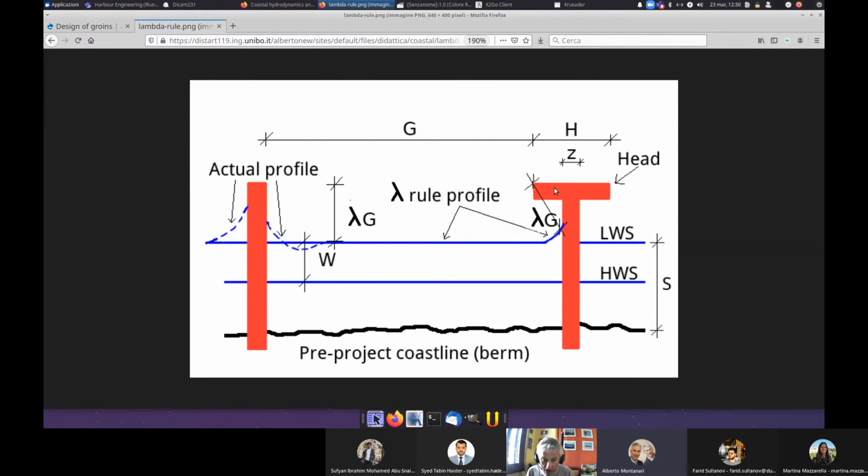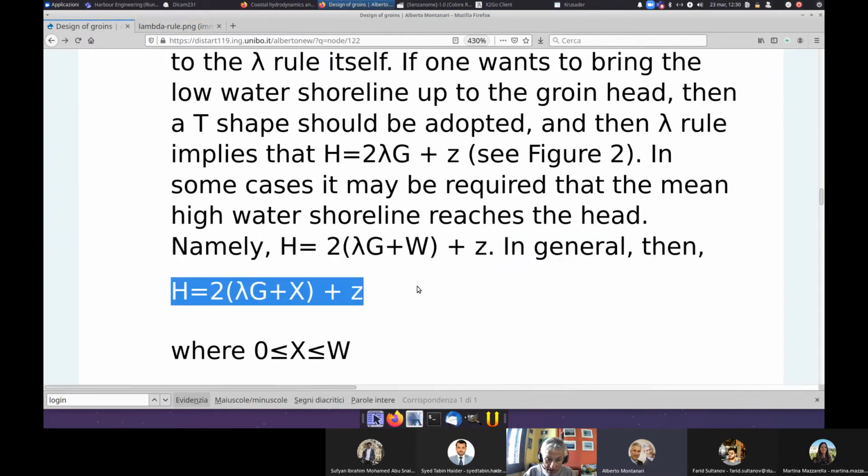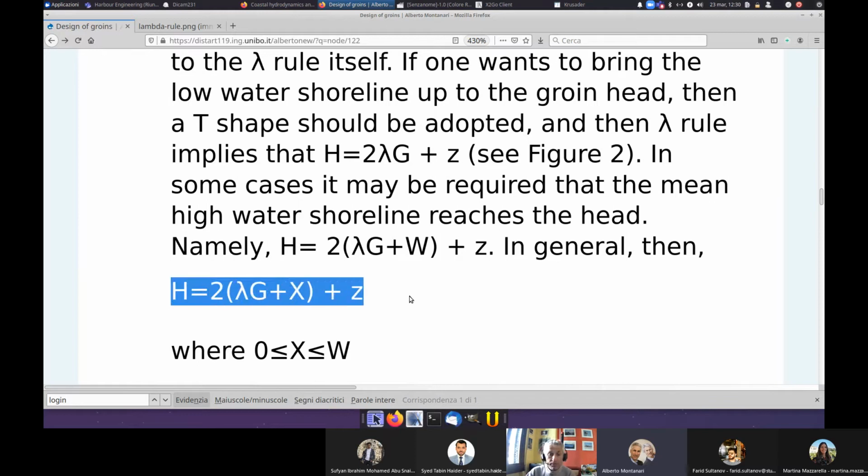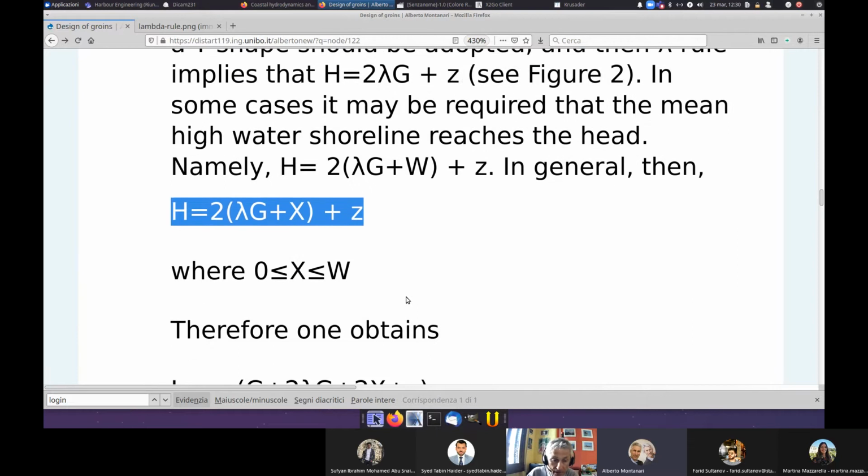So this condition here, now I go back to the web page, is to be applied if you want to bring the shoreline, low water or high water, depending on the value of X, to the top of the groin. This is the relationship to be used.